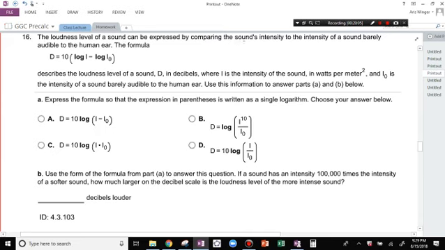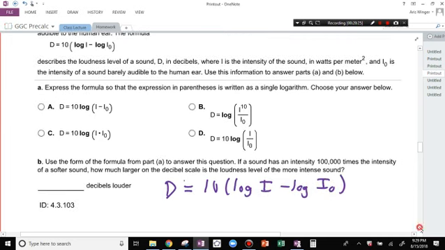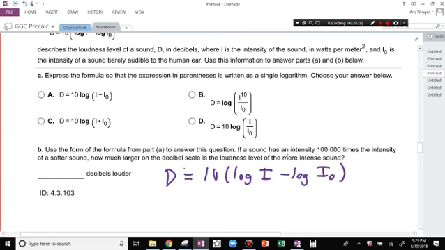So if you have D equals 10 times log of I minus log of I naught, then for the softer sound you have I naught, and the other one is 100,000 times I naught.